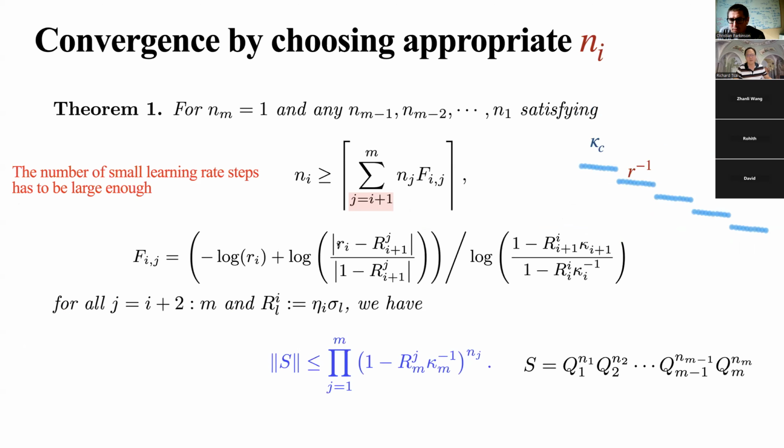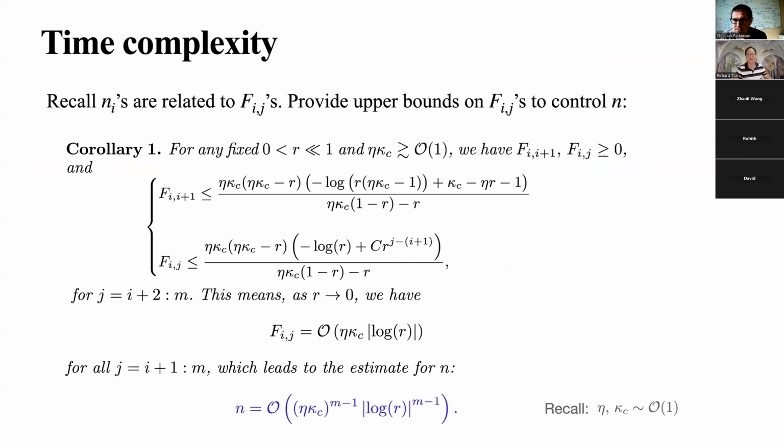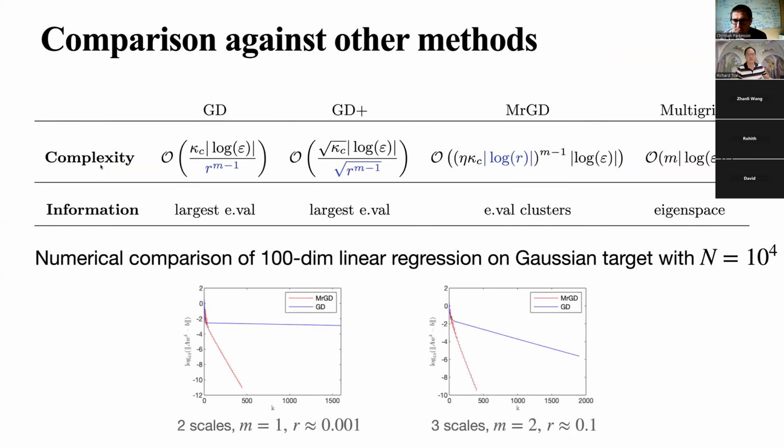Due to the time, I won't go into any of these details, but it is possible to find out how many steps you need to run for each group of learning rates, based on your understanding of the gap of each eigengroup, and also within each eigengroup, how the eigenvalue decays. So that's possible to do. And the resulting thing is summarized in this table over here.